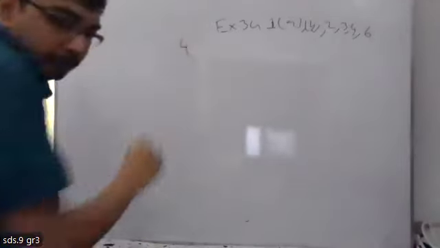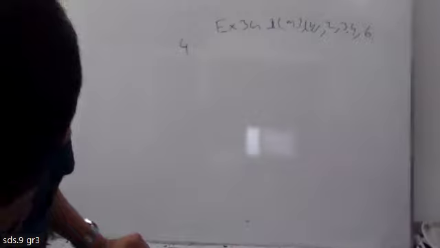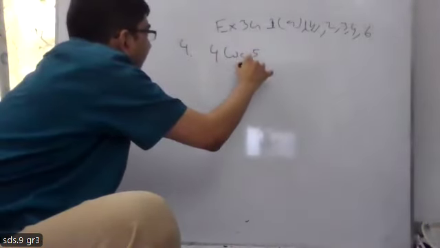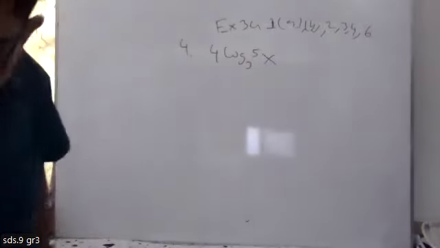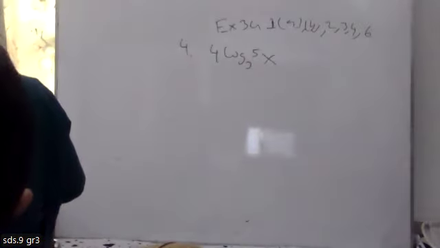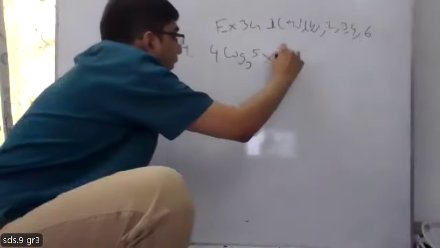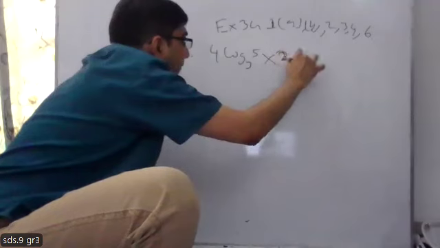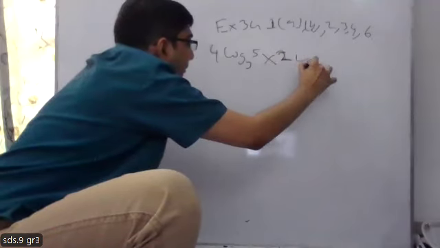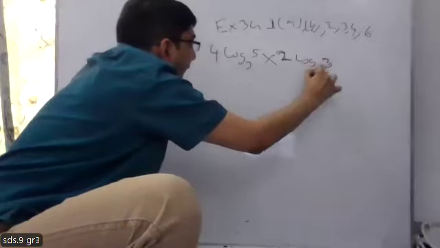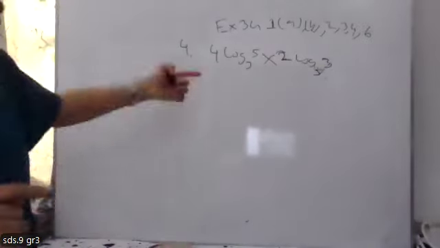Question number 4. It is 4 log 5 base 3 into 2 log 3 base 5. So let me convert one of the bases.